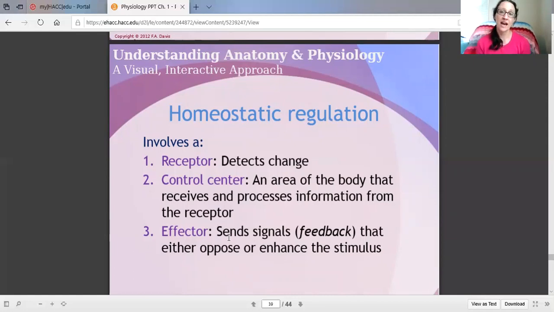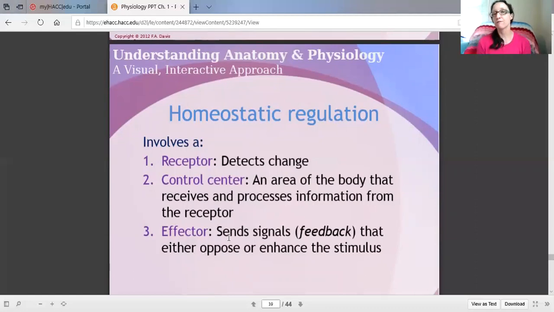So what's going to happen in the case of you being cold is that you will start to shiver. You'll produce muscle contraction. Muscle contraction generates heat. You start to warm up. And when you start to warm up, your brain is going to receive the signal that you are now warmer, and it's going to shut down the change.